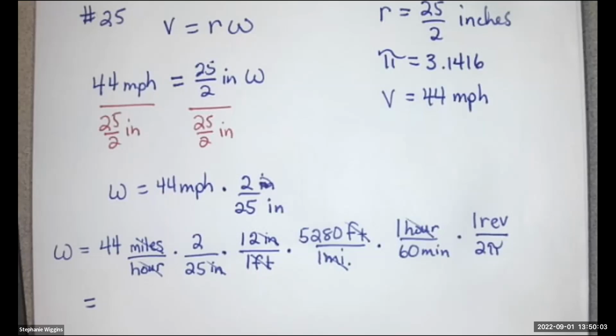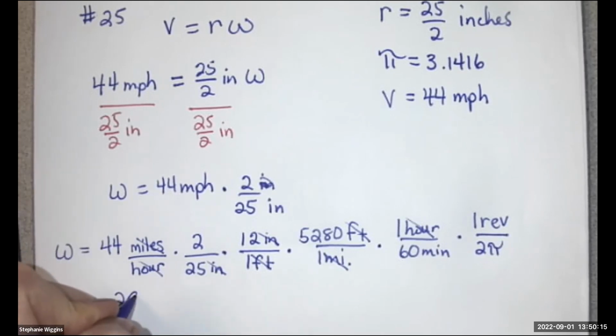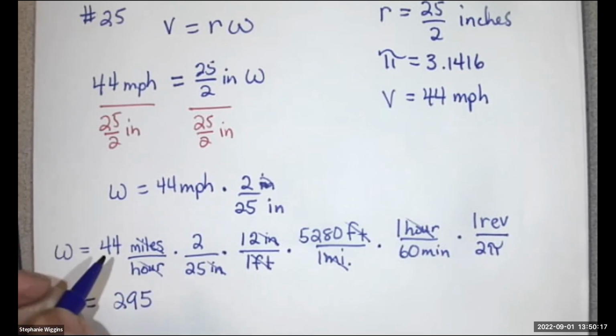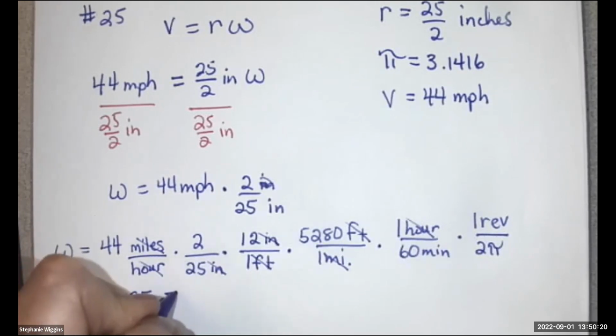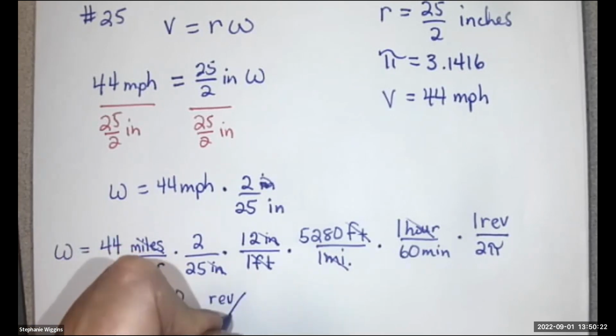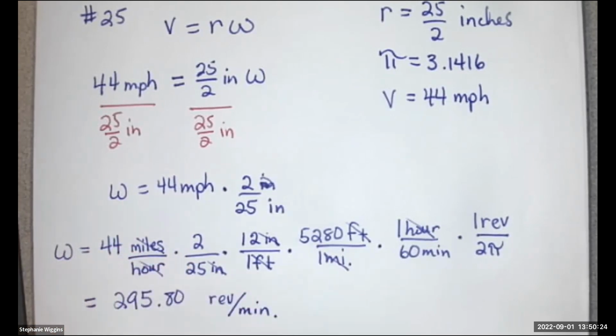So divided by 60 and divided by 2 and divide by pi. And I get 295.80 revolutions per minute. So let's go check and see if that choice is there.